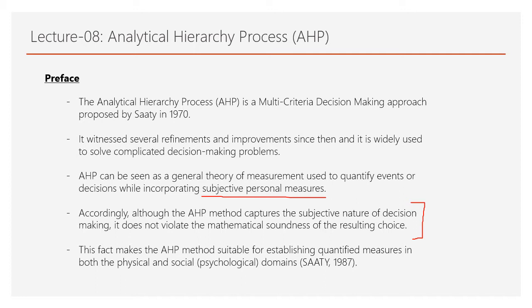And this fact makes AHP suitable for establishing quantified measures in both the physical and also the social or psychological domains. So this is basically the importance of this method, that it does basically bridge subjective judgment to actually more sound and mathematically based decisions.